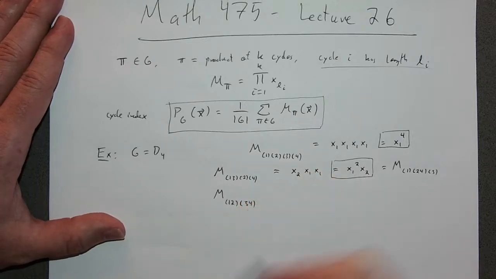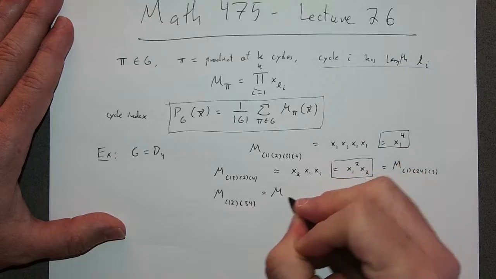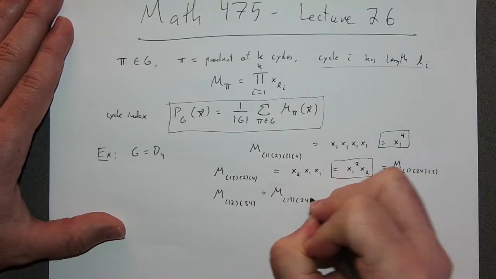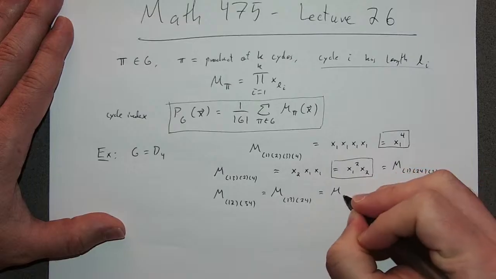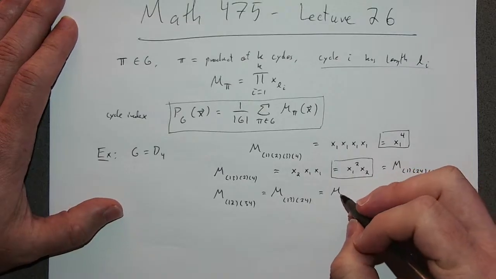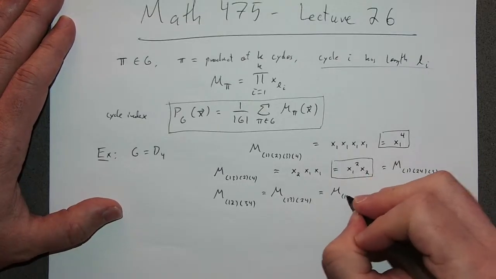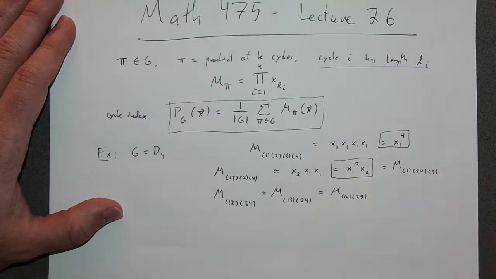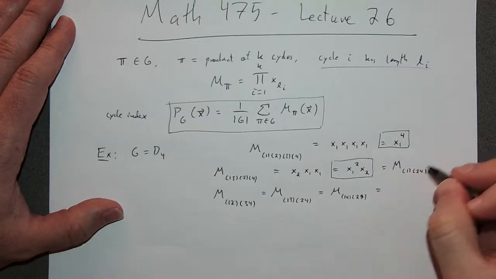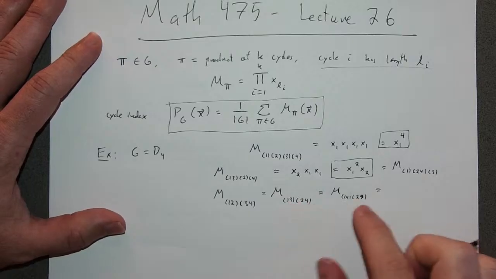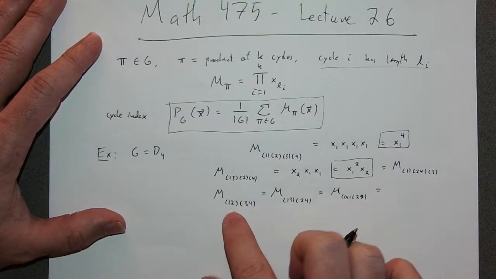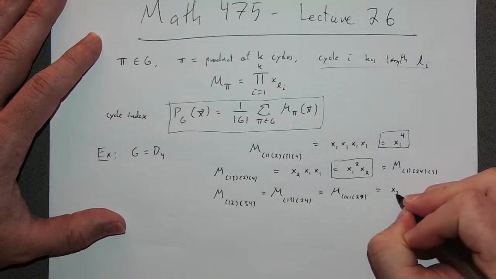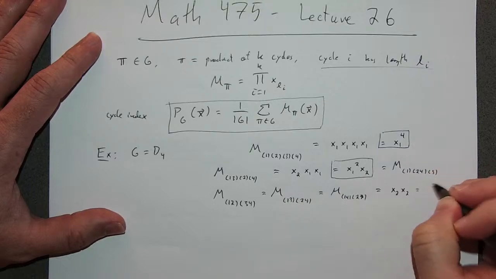Because it's a product of 2 transpositions, actually all of these are going to have the same associated monomial. Think about that for a second. Because what matters is how many cycles show up and what their lengths are. So in this case, there are 2 cycles, a first and a second. Both of them have length 2, so this would be x sub 2 times x sub 2, or x sub 2 squared.